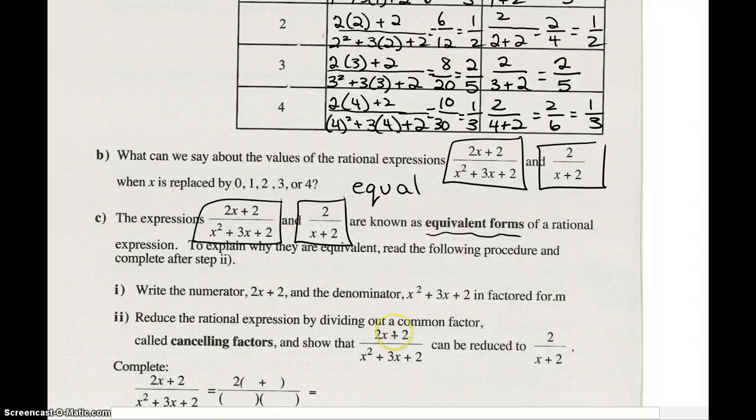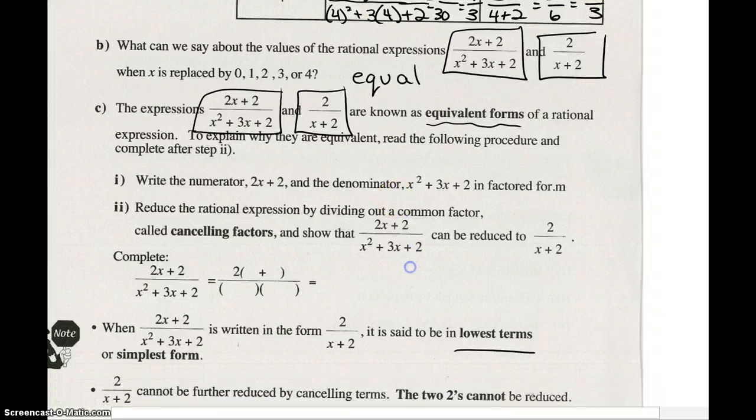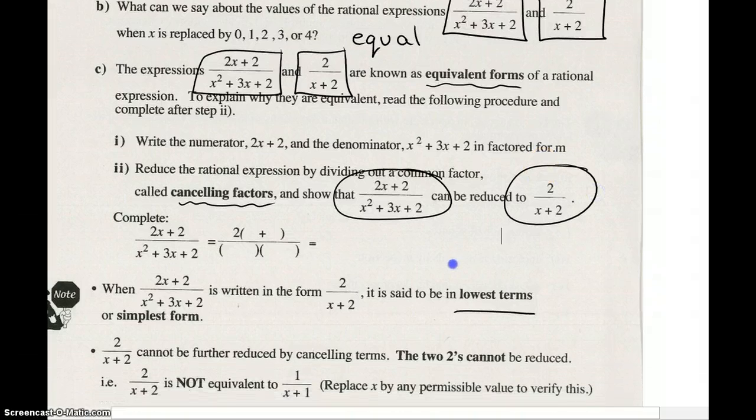To explain why they're equivalent, we're just going to go through and do a little bit of a procedure here to explain it. So why do we have what we have? The first thing it says, write the numerator 2x plus 2 and the denominator in a factored form. And then what we'll do is we'll reduce it by dividing out common factors, or meaning we can cancel our factors to show that this is indeed the same thing as this.